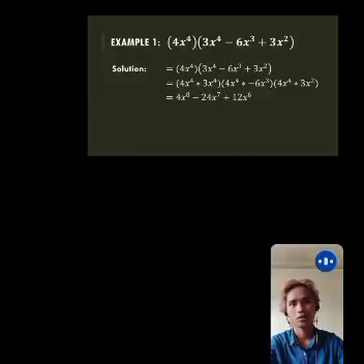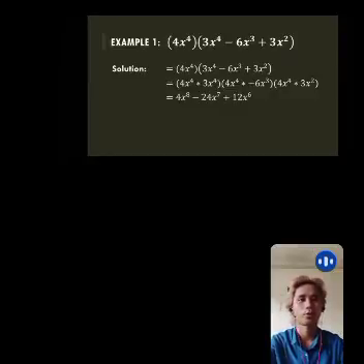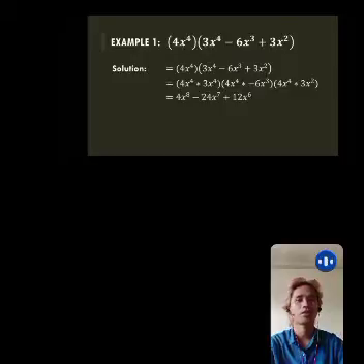So that is 4x squared times 3x raised to the power of 4, and then 4x squared times negative 6x cubed, and then 4x squared times 3x squared.